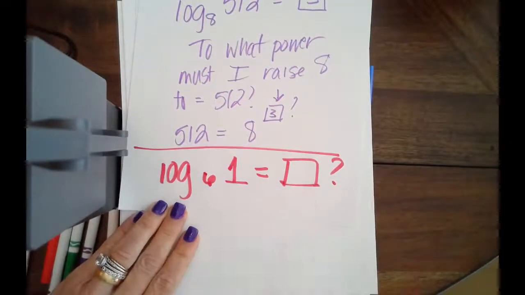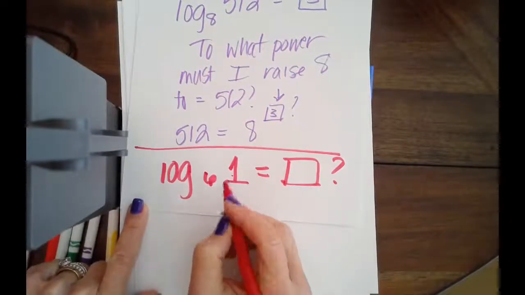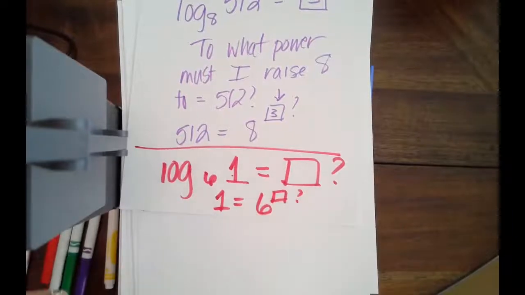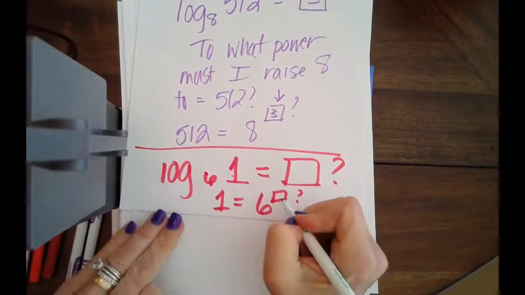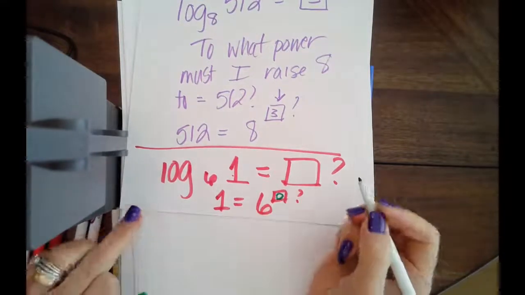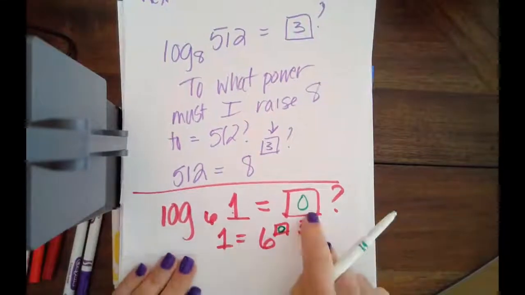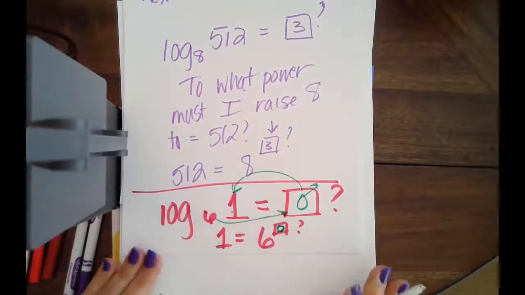There's only one power that's going to give you 1, so 1 is equal to my base 6 raised to whatever. You already know the only exponent that produces that is 0. So the value of this logarithmic expression is 0, because 6 to the 0 equals 1. Remember, it's this base raised to this exponent that results in that block value.